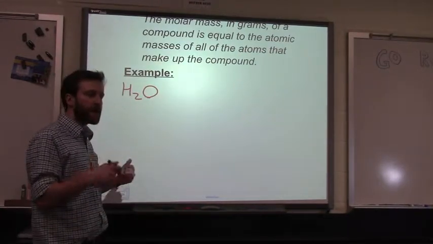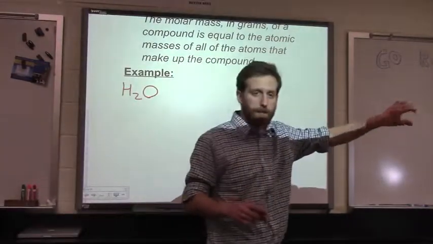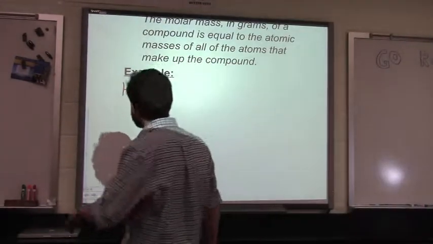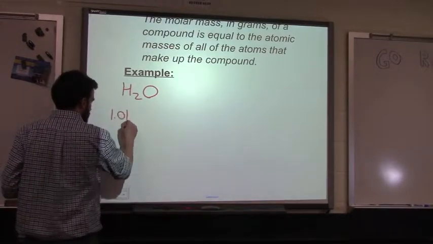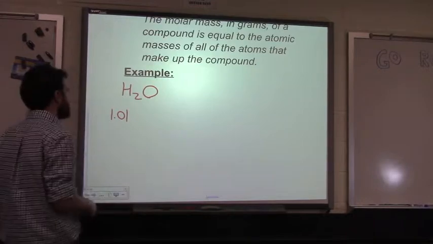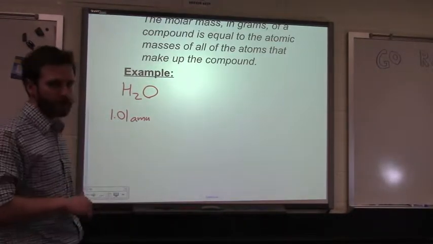So what's the atomic mass of hydrogen? Well, the atomic mass of hydrogen, referencing the periodic table, is, for all intents and purposes, let's say 1.01. Depending on your periodic table, they round differently. Atomic mass units, it's the atomic mass of hydrogen.